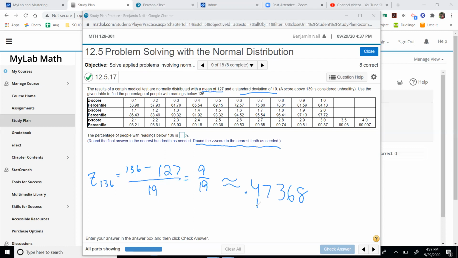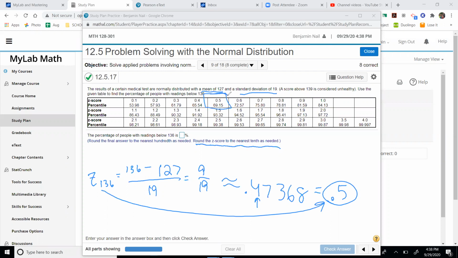So if we look at 0.473 and so on, this number rounds to about 0.5. So a test score of 136 correlates to a z-score of 0.5.